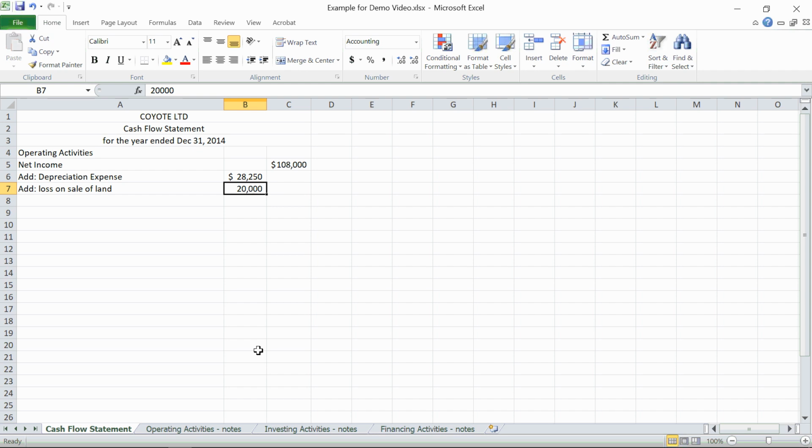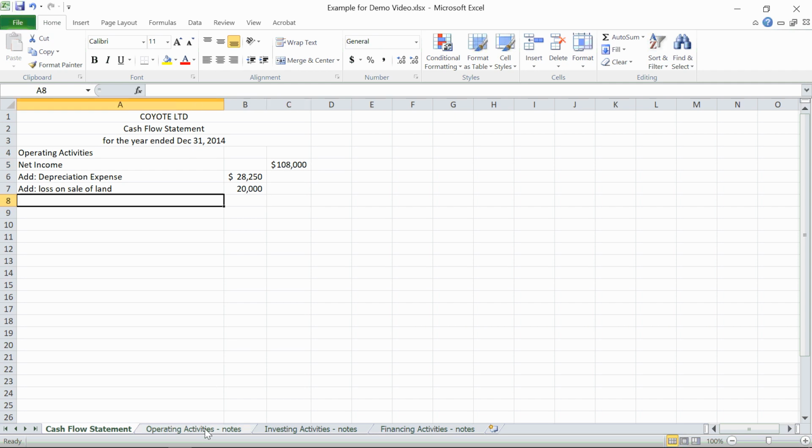So we're going to move on to what I would say is the second part of the operating activities section. The first part was removing the effect of non-cash items. And now we're going to look at the changes in the current assets and the current liabilities in order to finish adjusting accrual-based net income into cash basis.